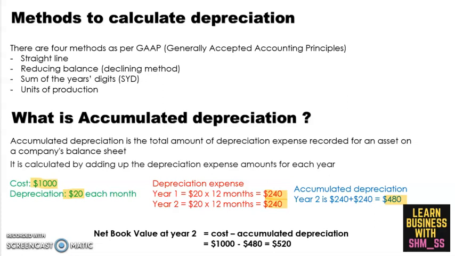When we are calculating net book value at year 2, we know the equation for net book value: cost minus accumulated depreciation. Cost is 1,000, minus accumulated depreciation of 480. We get $520, which is the net book value reported in the statement of financial position or balance sheet.